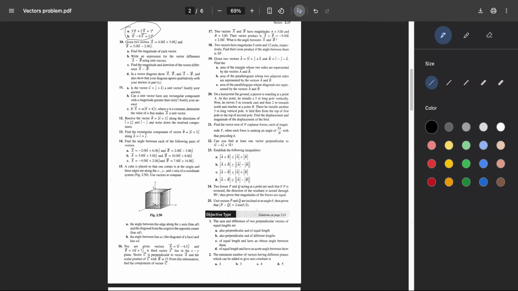Let me know which problem I should solve next. Read this whole page and let me know which.